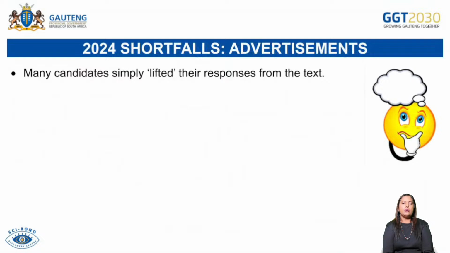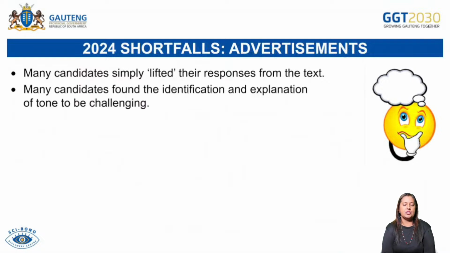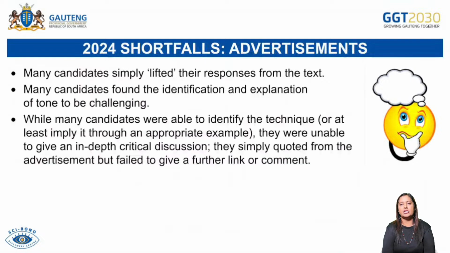When we look at the previous exams, particularly in 2024, we found that many candidates were just lifting responses from the text, so there isn't much showing of an understanding of what that text is saying. There's also the difficulty of identifying the particular tone that the advert or cartoonist is using when depicting the characters.